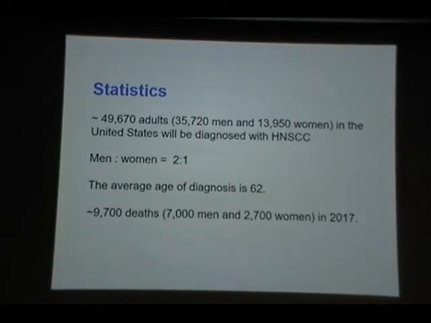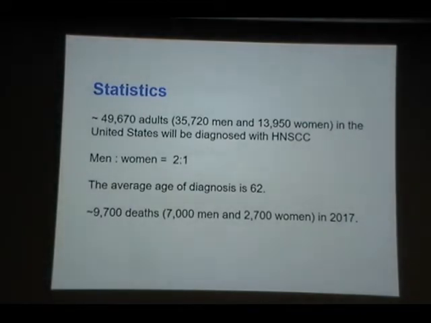So I'll just give you some very brief statistics. Every year we will have about 50,000 adults in this country diagnosed with head and neck cancer. Men have a higher incidence rate compared to women.